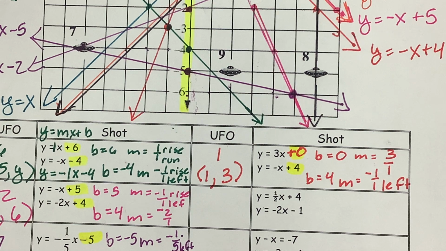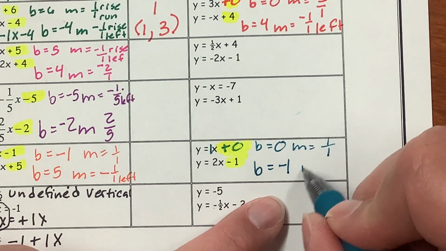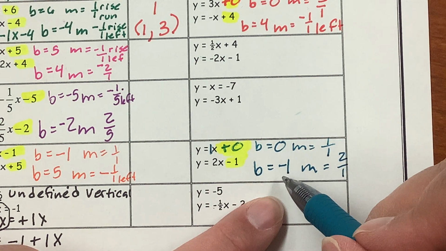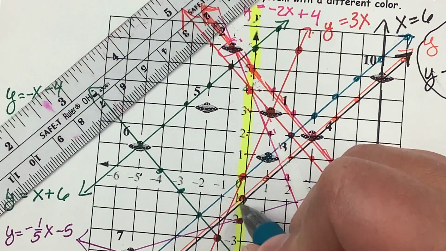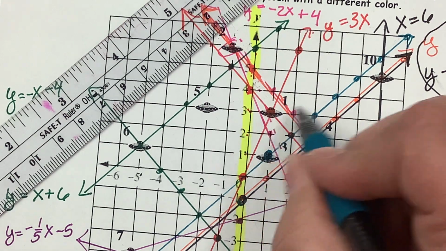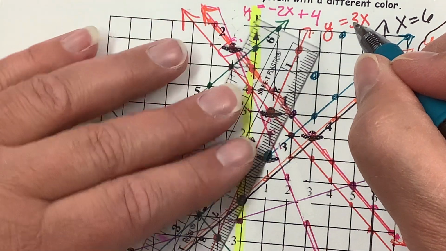Now I have to graph this one. B equals -1, so I begin at the -1, and m is 2/1. So at -1, I'm going to rise 2, run 1. So starting here, at -1, rise 2, run 1, rise 2, run 1, all the way up like that.